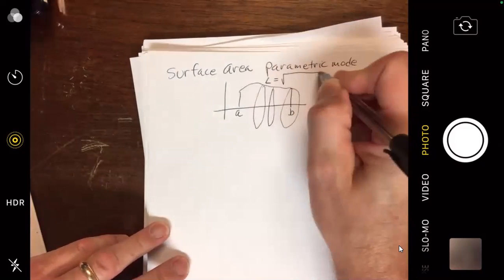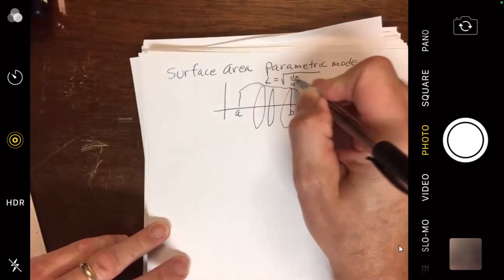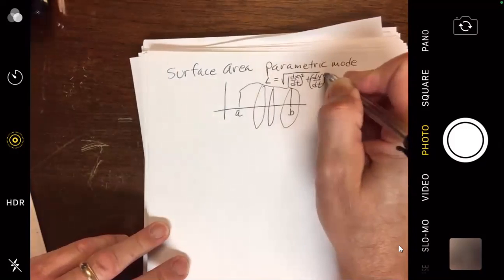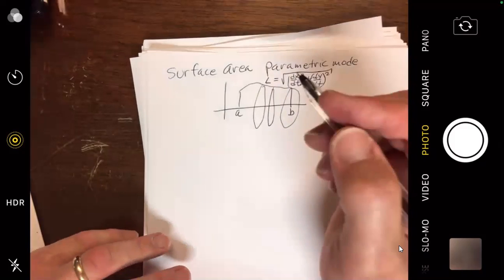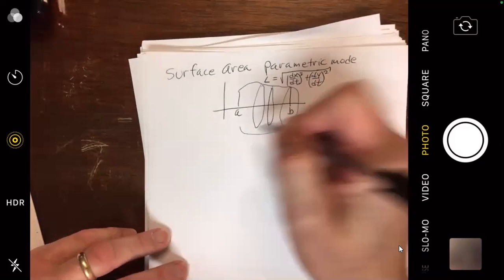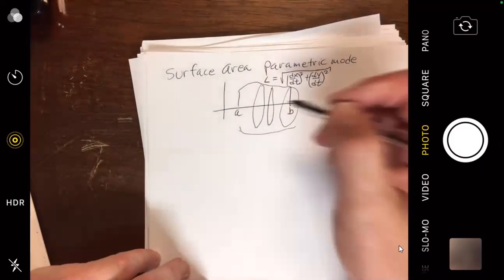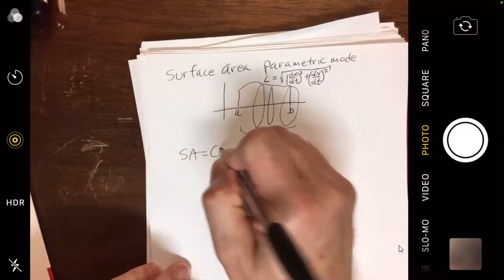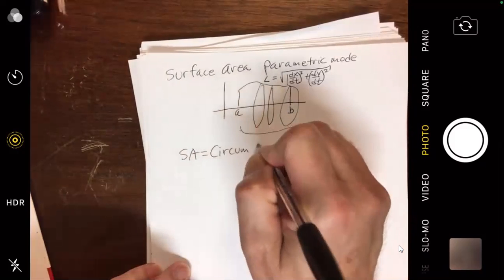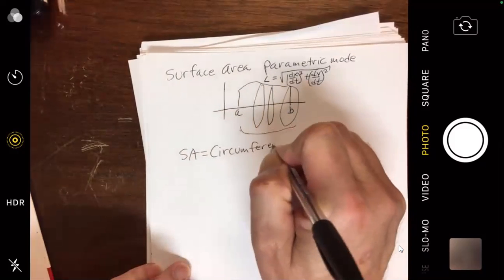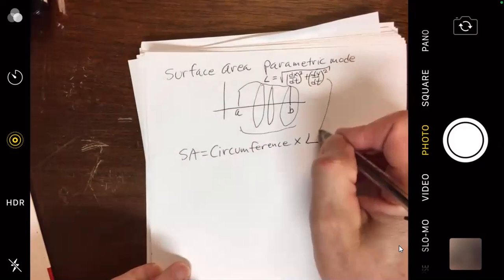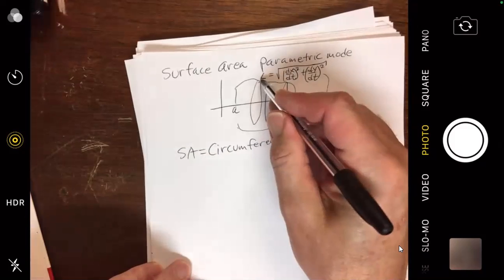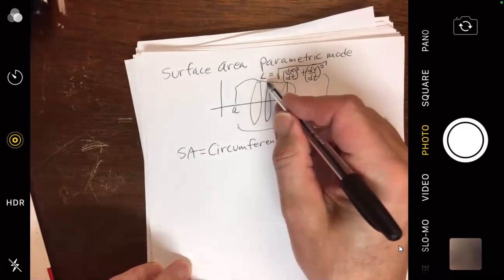That's your big square root of dx dt squared plus dy dt squared. I don't know if you remember how surface area worked, but surface area is circumference times L. So the length around these circles times the L between them.